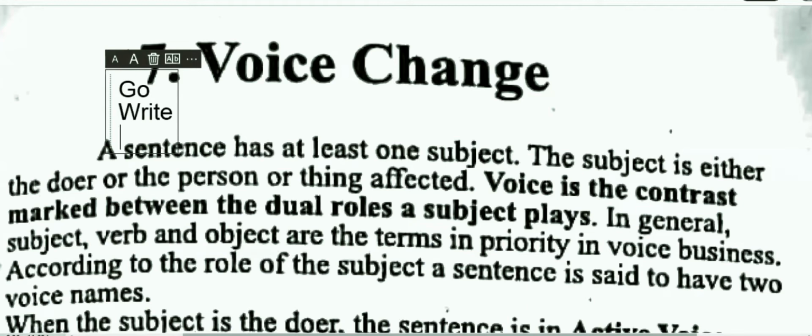While saying go also, and while saying write also, it's a complete sentence. If you understand the meaning, you go means you go outside. You are not said you and outside, but you understand you have to go outside. So this is a sentence.